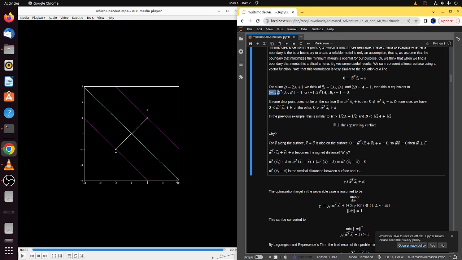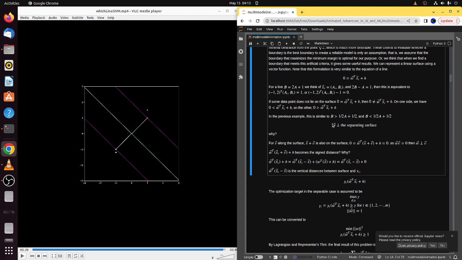In this case, it's a line. In a 3D case, we would need a plane, but it's a linear surface. For any v along the surface, if I draw a little v here, then for any vector x on the line, x plus v is also on the surface. You could easily prove that this works.